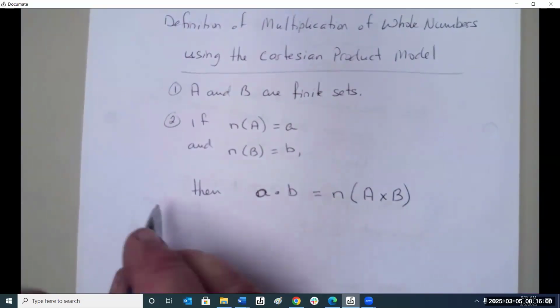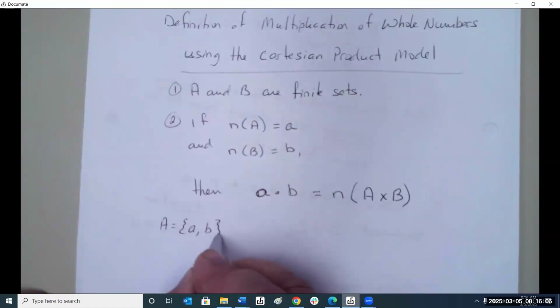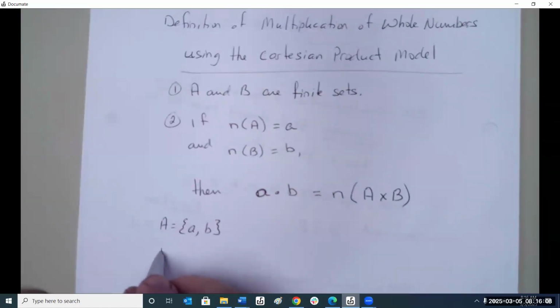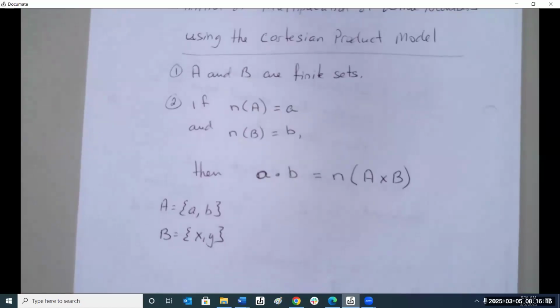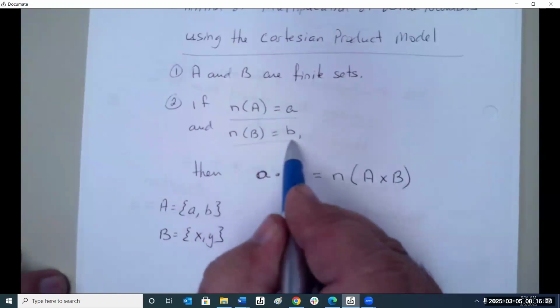But let's look at an example here. Let's say set A is A, B, C, which makes it a little bit more interesting for us, and set B is X and Y. So first off, we look at the first condition.